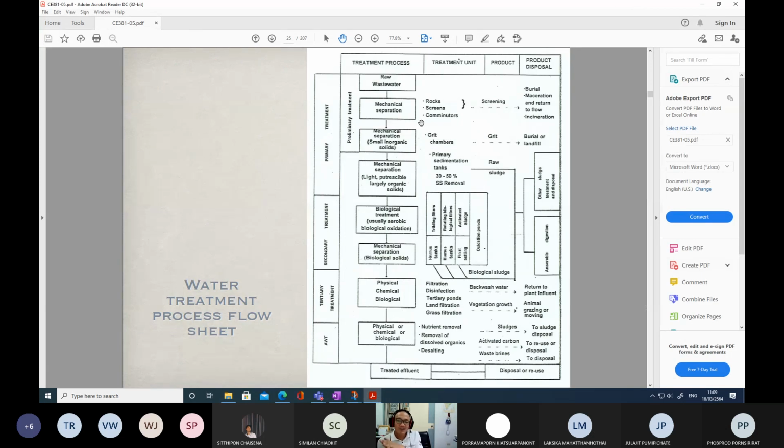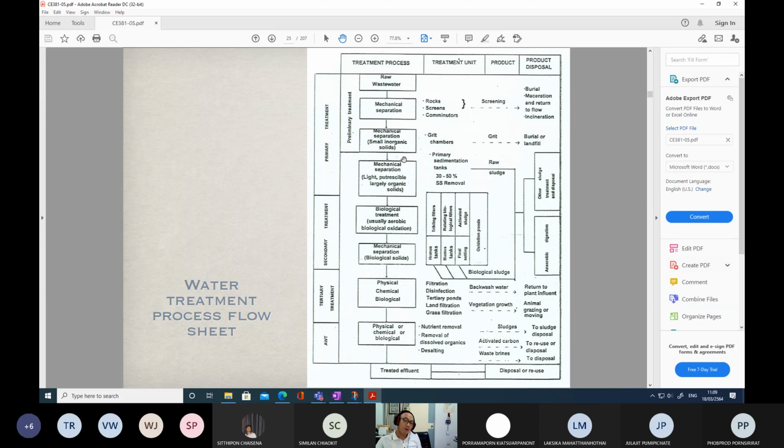These are the water treatment processes. We essentially divide them into 3 types of treatments. The first type of treatment is the primary treatment. Primary treatment mainly applies only the physical characteristic to remove the contaminants.